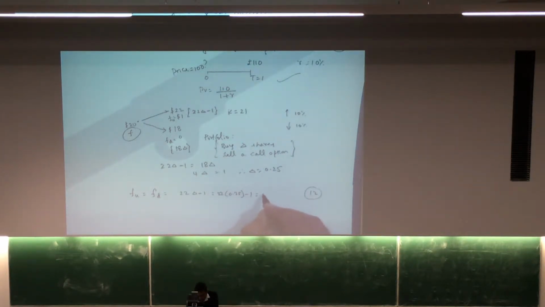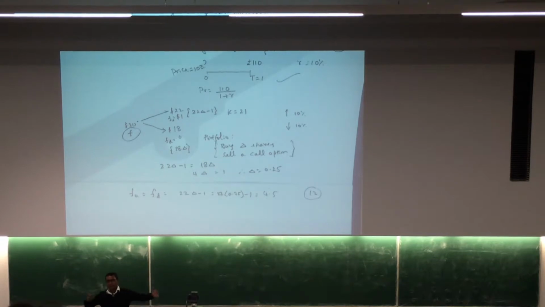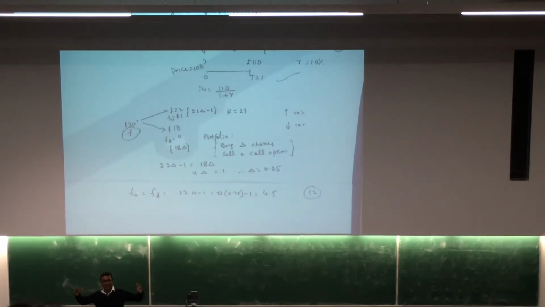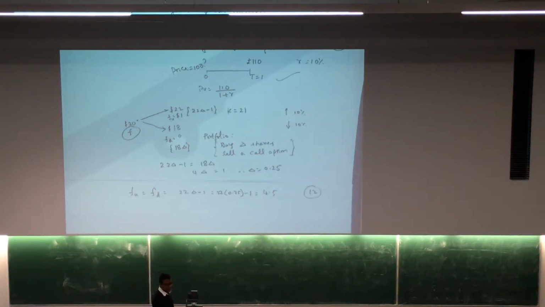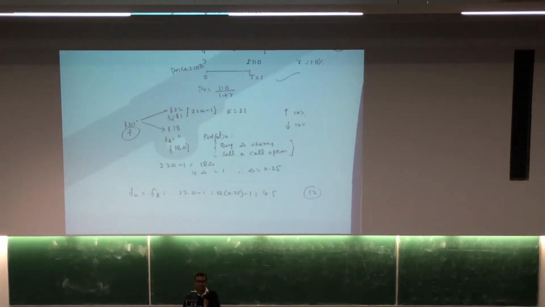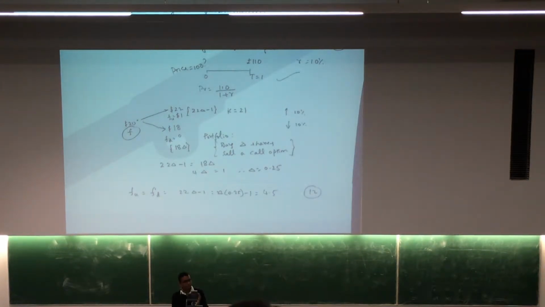What is that value? It is going to be 4.5. So that means my portfolio value after time equals capital T is going to be 4.5, irrespective of the movements in the underlying stock. Do you agree?